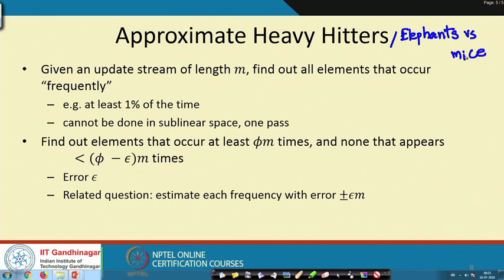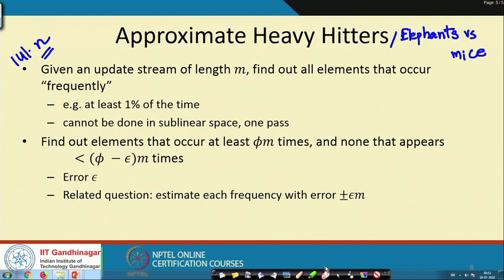Okay, let us try to define it this way. Suppose we have an update stream of length m. Remember that we are always talking about a universe whose size is n. So, there are n distinct elements. Well, we could even do a little better.